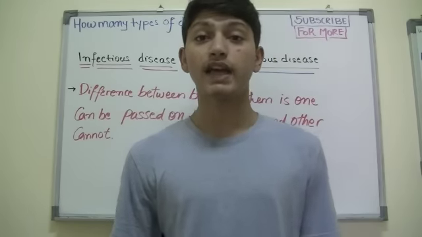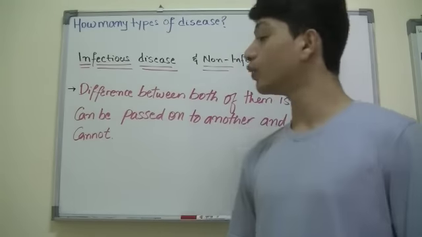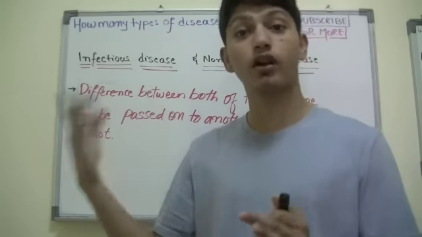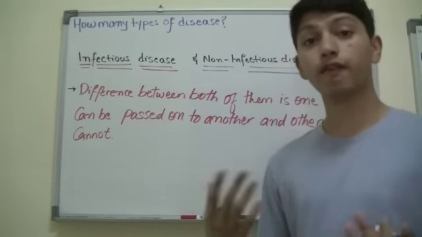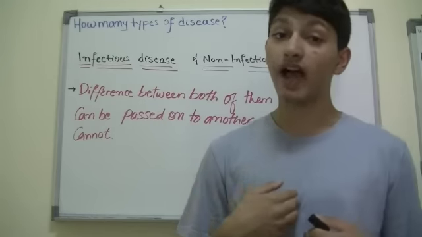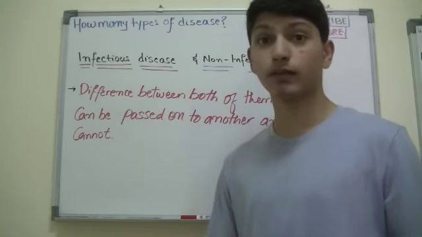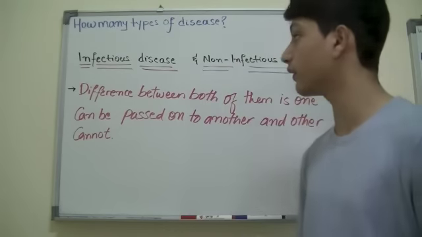For example, polio and flu, which can be passed on from one person to another, are known as infectious disease. If I have the flu and the person next to me doesn't, I can give him the flu, okay? With direct contact or indirect contact.